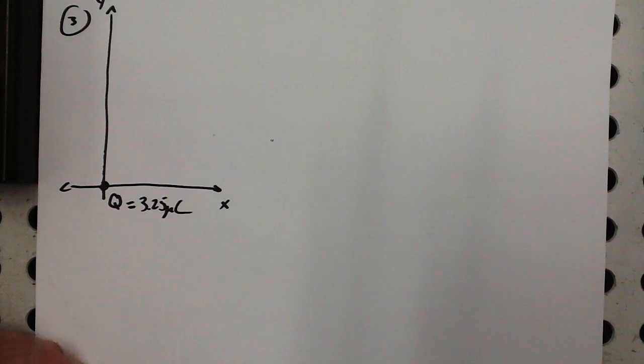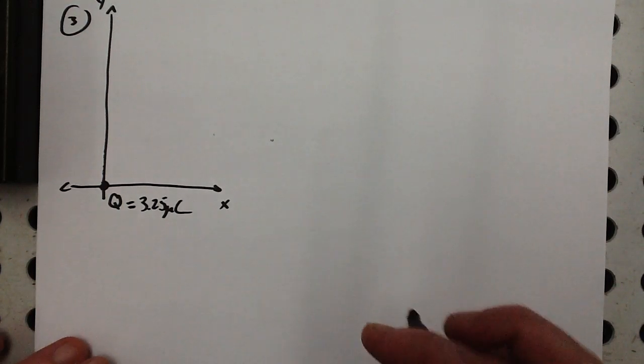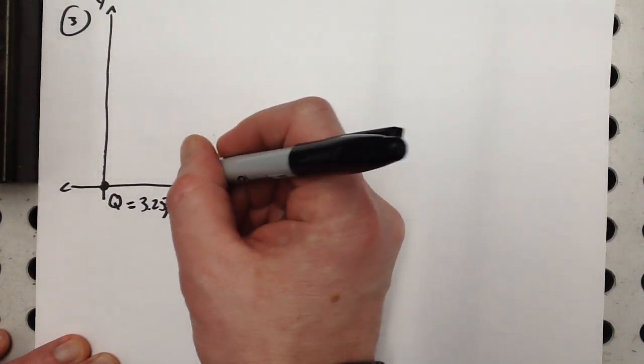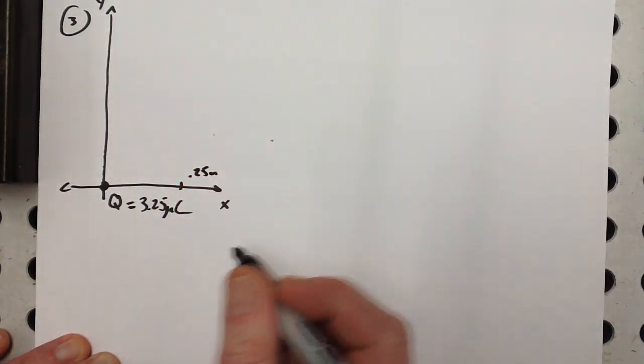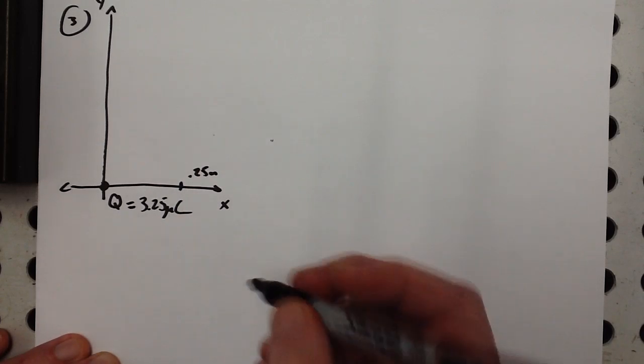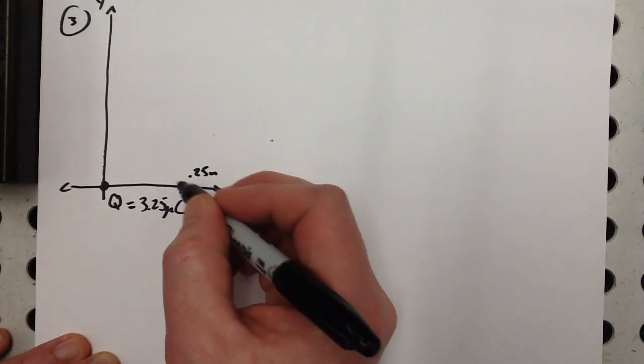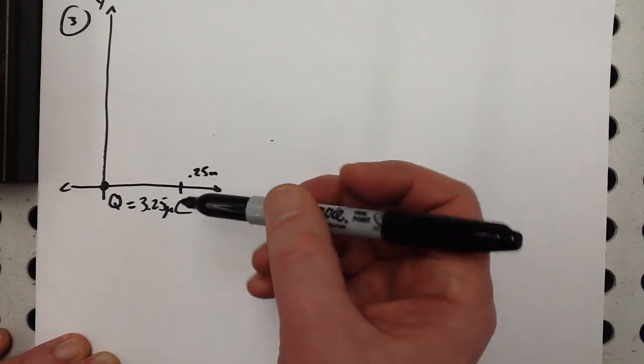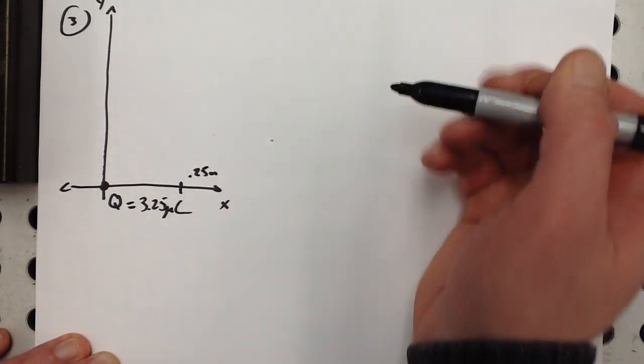And we want to find what is the electric potential at the location right here, 0.25 meters in the positive i direction, or out along the x-axis. What is the electric potential there? We're not putting a charge there, we're just investigating what's the electric potential at that location.